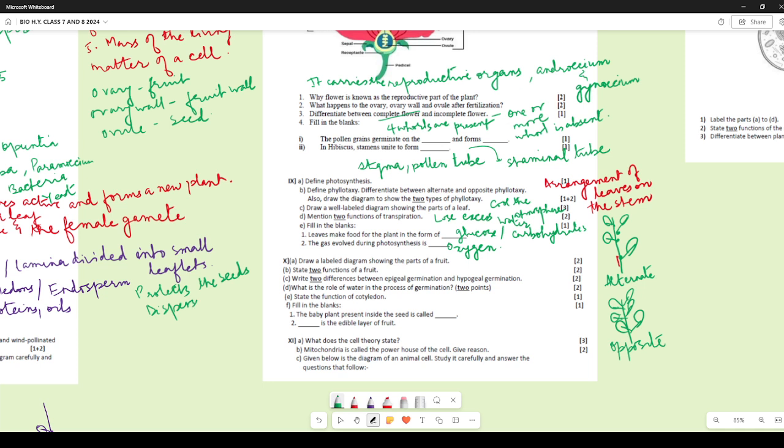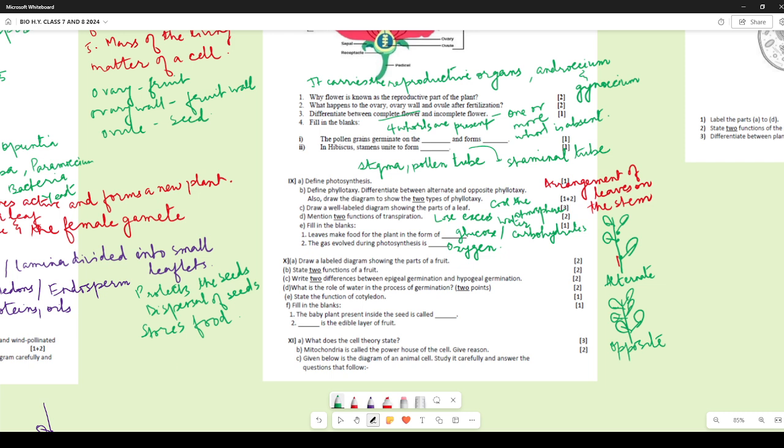When animals or human beings eat the fruit and throw the seeds away, it is also helping in the dispersal of seeds. It also stores food, so we also get nutrition from the fruits. Any of these you can write.